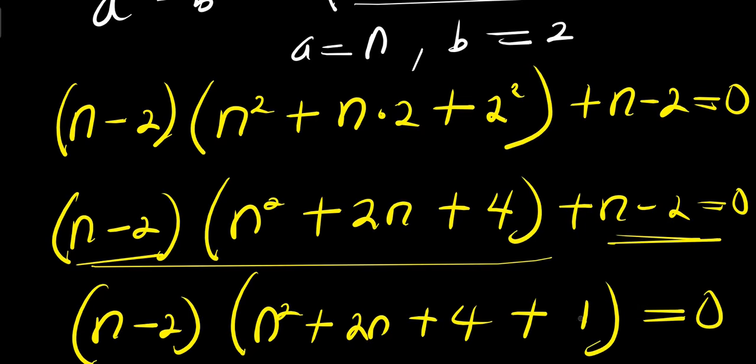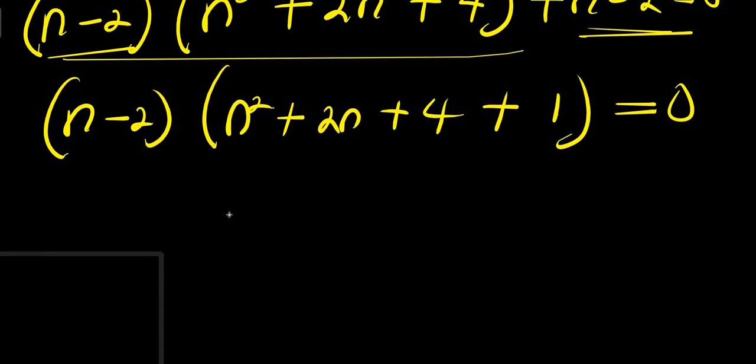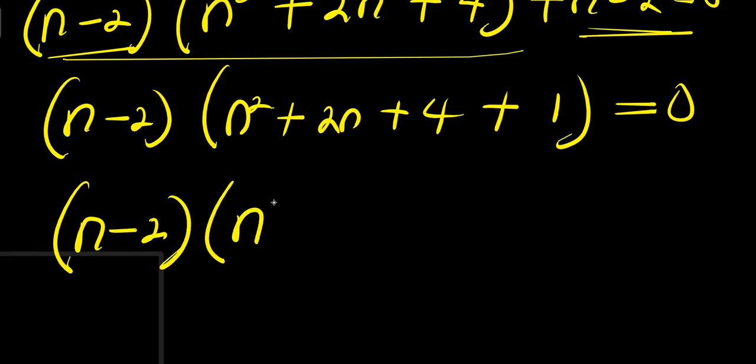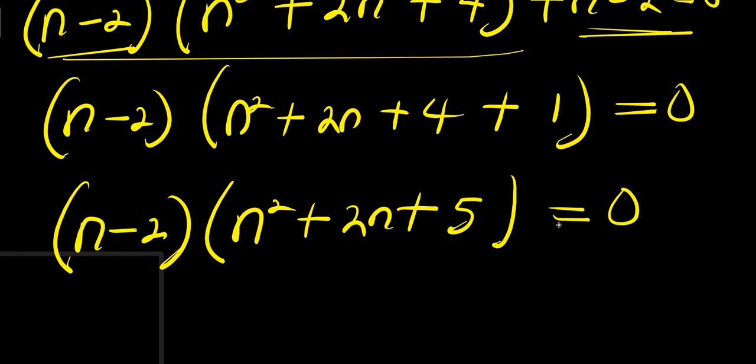This equals 0. So from here, I have n minus 2 times n squared plus 2n plus 4 plus 1, that is 5, equals 0. So this equals 0 and this equals 0.